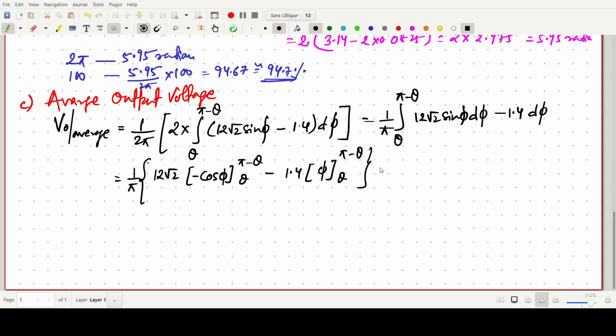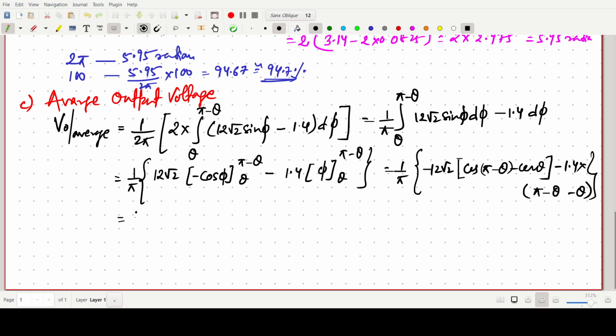Okay, means we have to just do the integration. So one can write minus 12 root 2 by taking minus common, cos pi minus theta minus cos theta. Okay, cos pi minus theta is minus cos theta. Okay, so one more line I will write, minus 1.4, one can write pi minus theta minus theta.